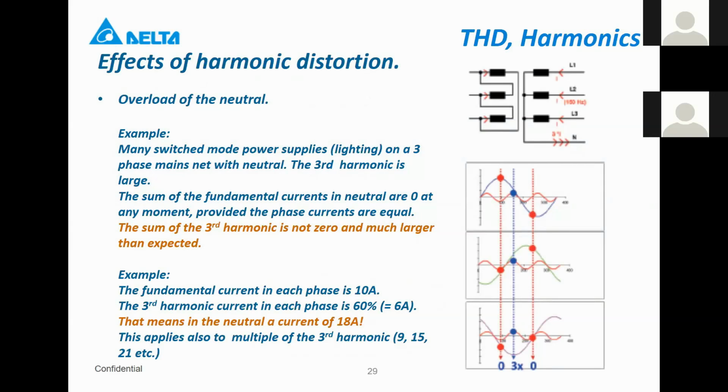And the most important harmonic for the neutral in this case is the third harmonic. But when you connect a lot of one-phase inverters, for example, to a three-phase net divided over the three phases, even if the currents are all the same, you still have an overload in your neutral.